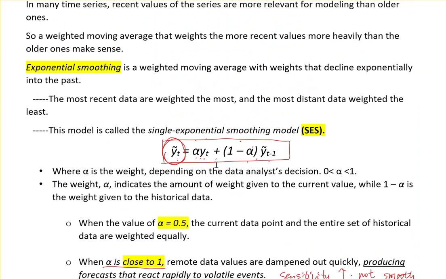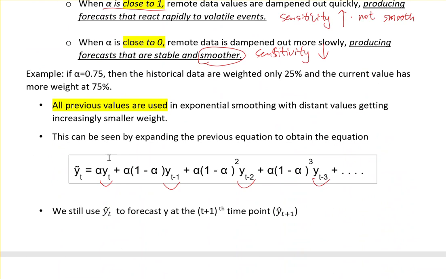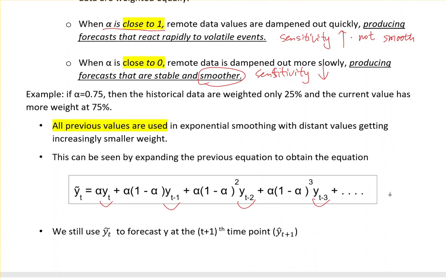This formula is based on the observed value and the previous estimated value, not the observed values anymore. So we only use this formula. Do not use the other formula. It's not important. I don't want to confuse you.